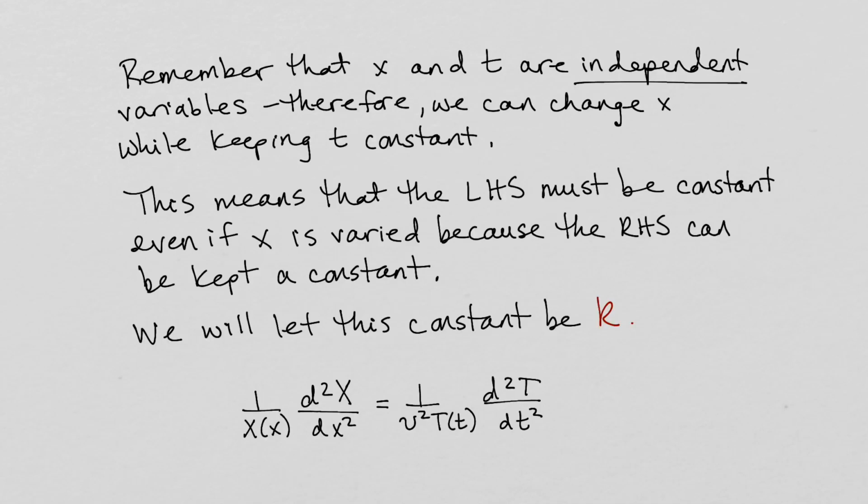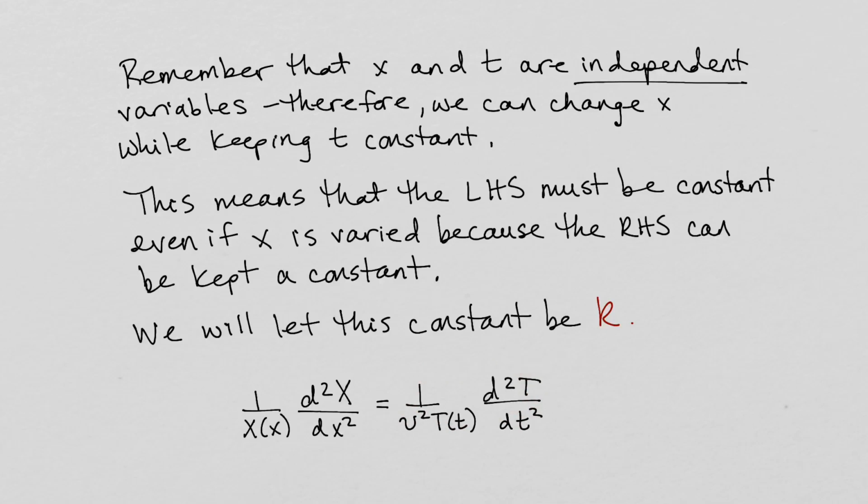Okay, so one thing we want to remember is that x and t are independent variables. So remember, we can change x while keeping t constant. This means that our left-hand side of our equation, our x, must be constant even if x is varied, because the right-hand side can be kept constant. Right?